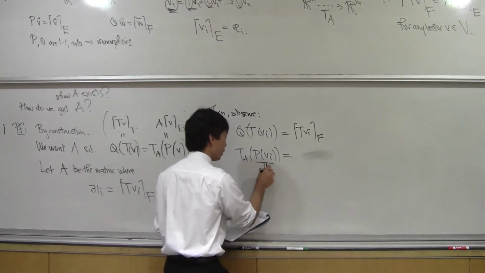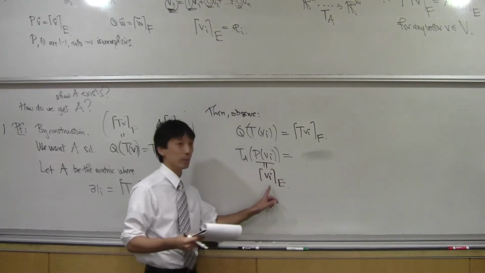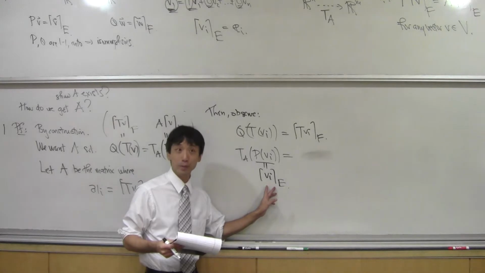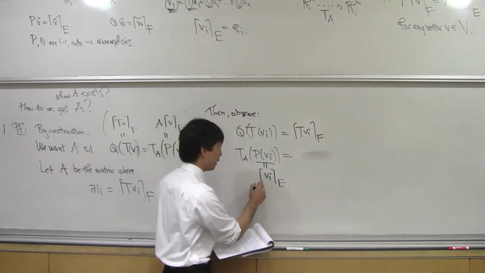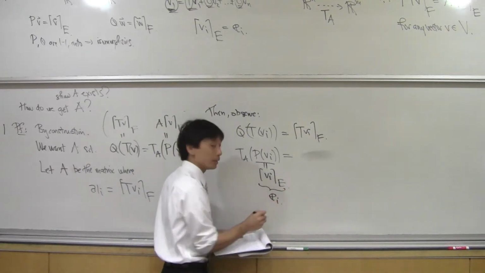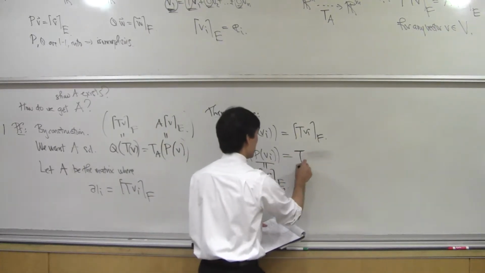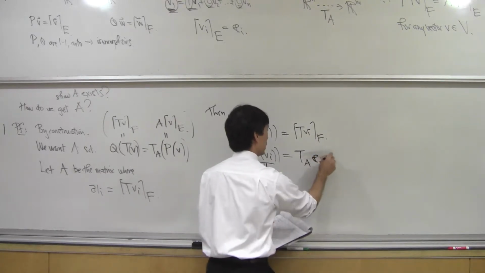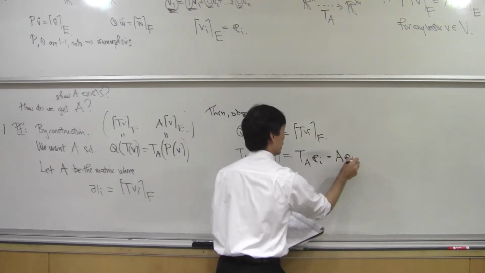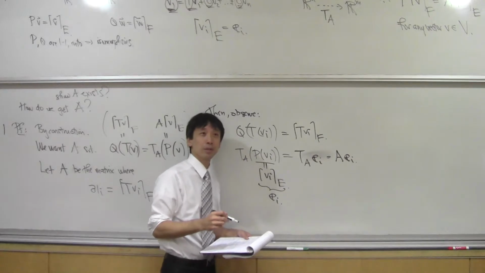P of VI is the coordinate vector of VI with respect to E. What's the coordinate vector of VI with respect to E? It's EI, the standard basis element, right? And so what you get is T_A of EI, in other words, multiply EI by the A matrix.